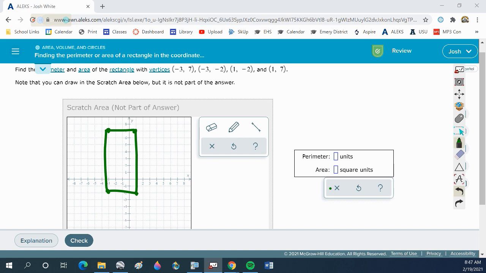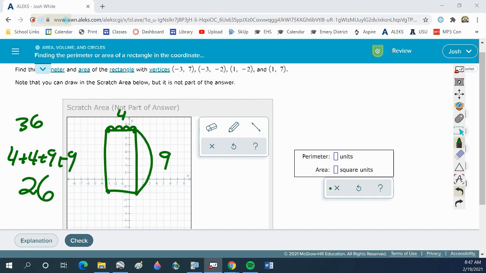So this distance is 1, 2, 3, 4. And this distance is going to be 9. So the area will be 4 times 9, which is 36. The perimeter will be 4 plus 4 plus 9 plus 9, which is 8 plus 18, which is 26. That one's easy.